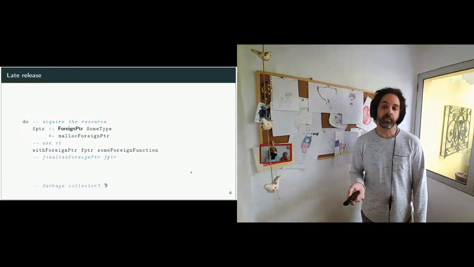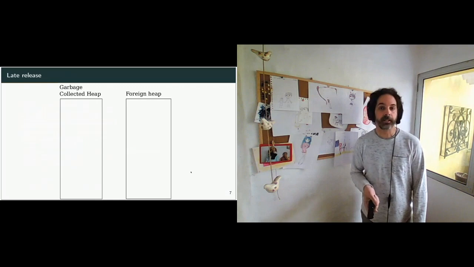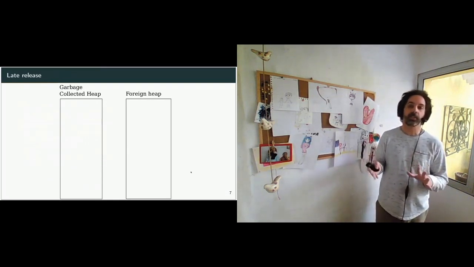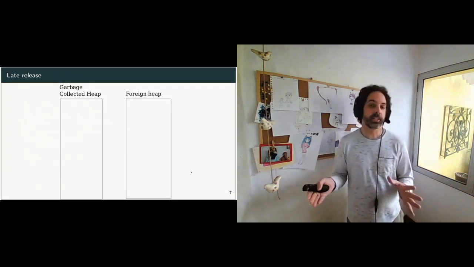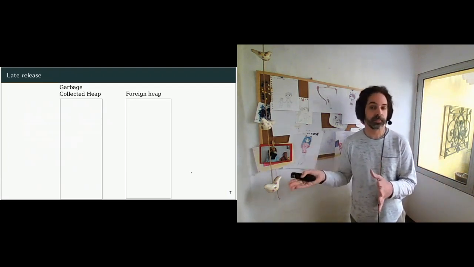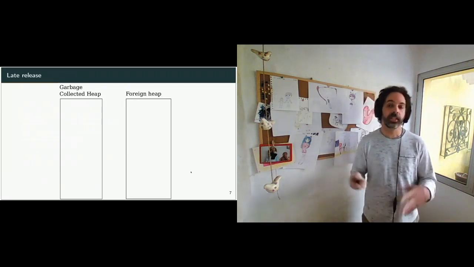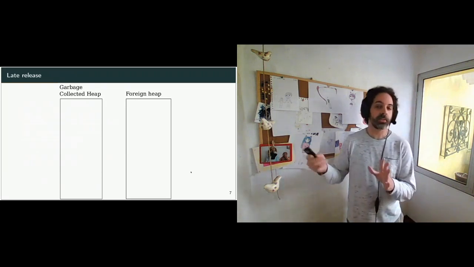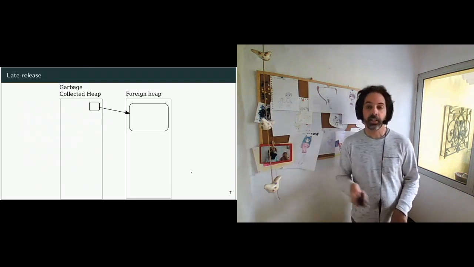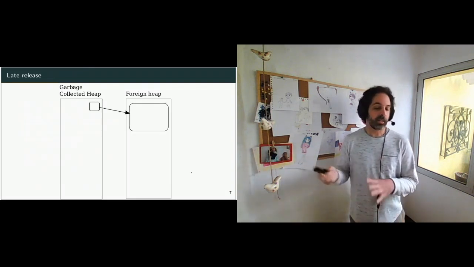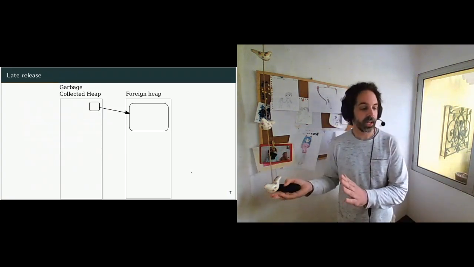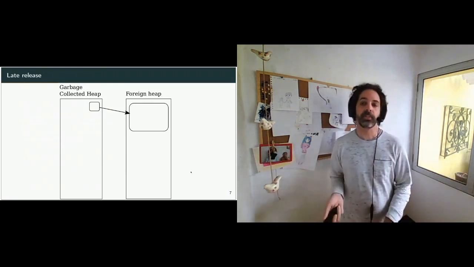And in the following picture, what we have is a representation of two regions of memory. One, say, is managed by the Haskell garbage collector. The other one is not managed by the garbage collector. So in this case, our resources are going to be buffers in the foreign heap. And we are going to assume that the Haskell side can request buffers in this foreign heap and get pointers to those buffers.